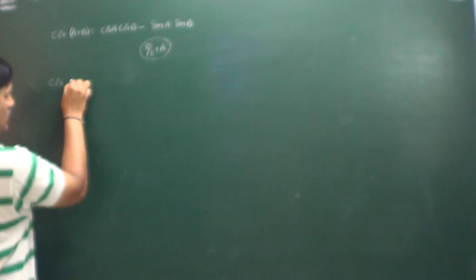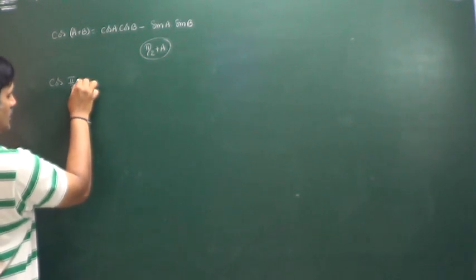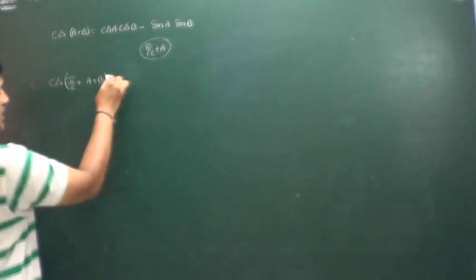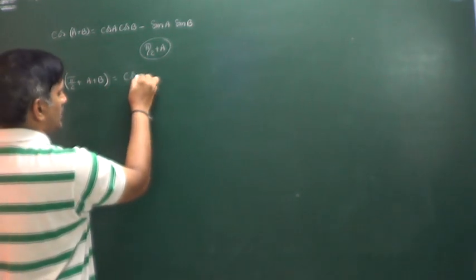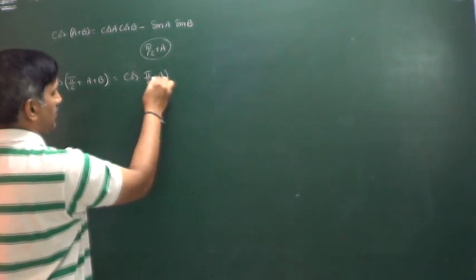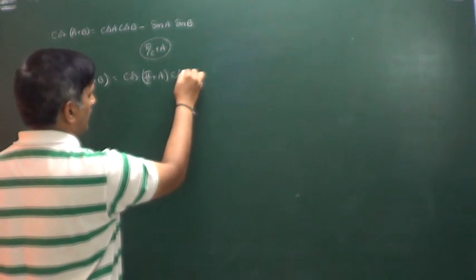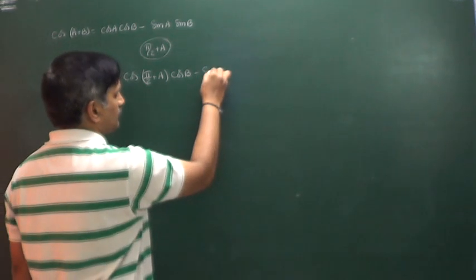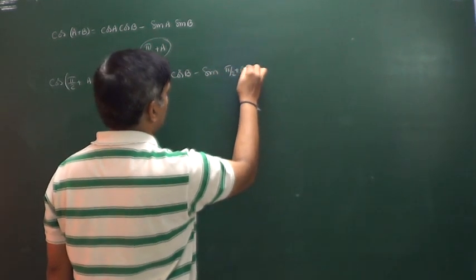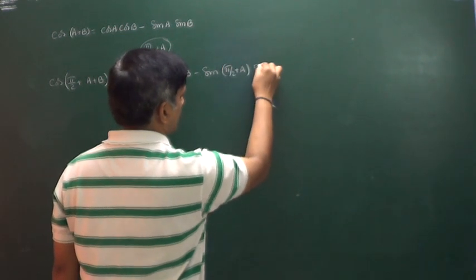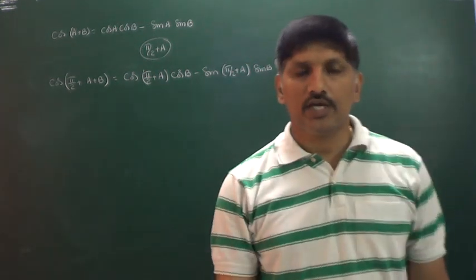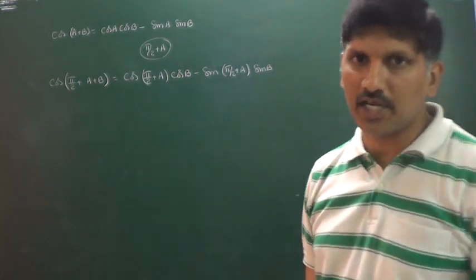Cos of 90 plus A, cos B minus sin of 90 plus A into sin B. I hope everyone followed.